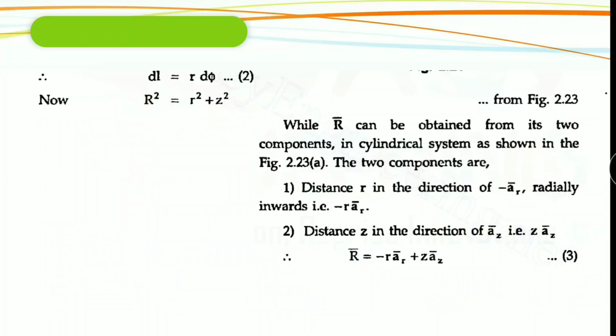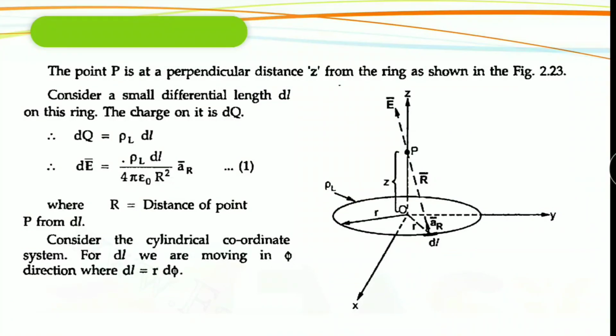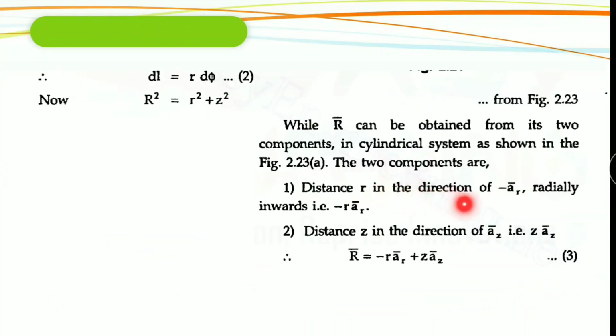Now to obtain the R bar vector, we have to know the corresponding components in the cylindrical system. When you observe this diagram, the direction of R bar is towards the origin, that means it is radially inwards. That's why the direction is negative.